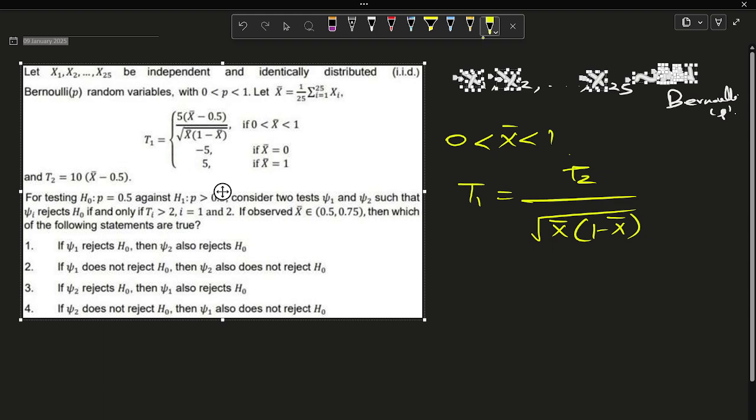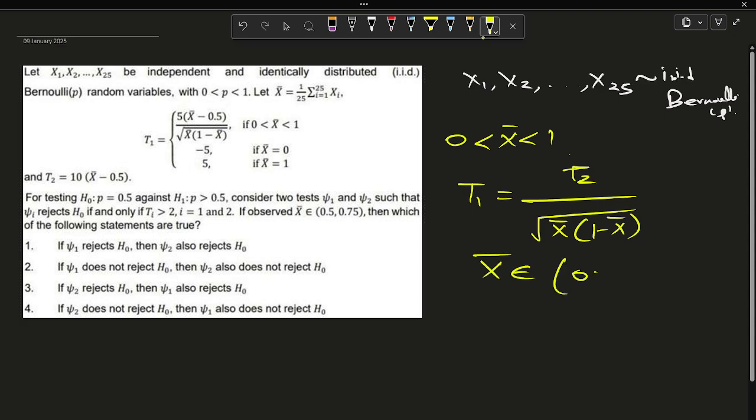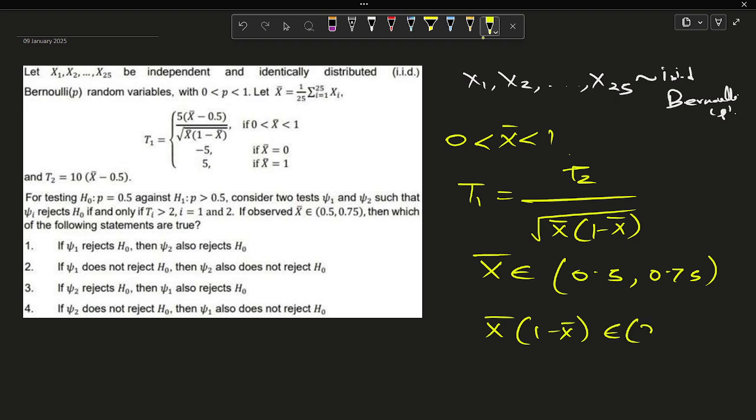Since x bar is lying between 0.5 and 0.75, that means half to 3 by 4, then x bar into (1 minus x bar) will lie between 0.125 and 0.25, that means 1 by 8 to 1 by 4.